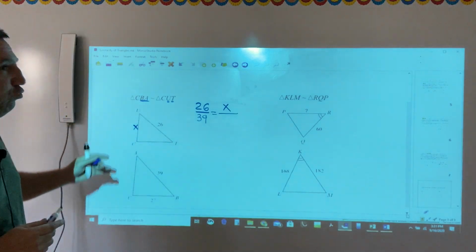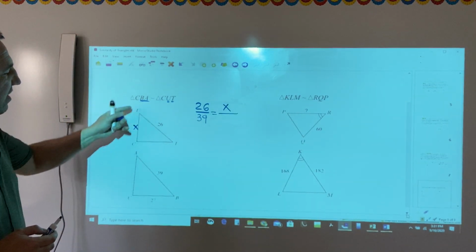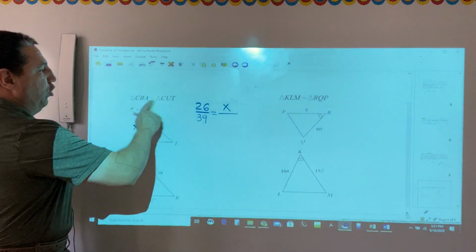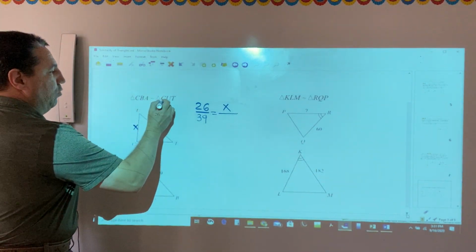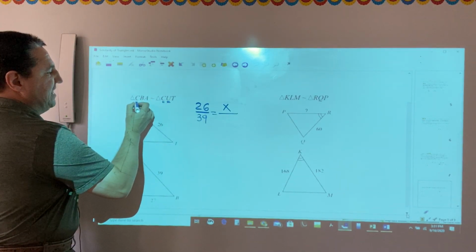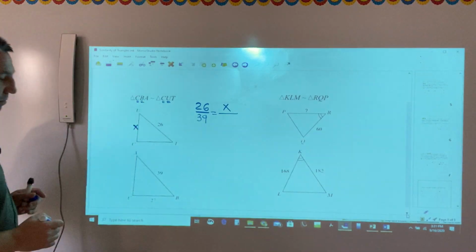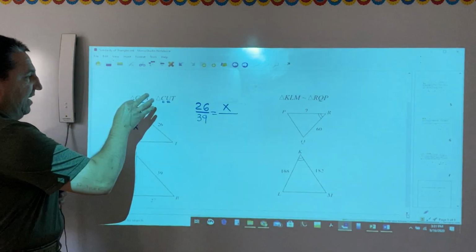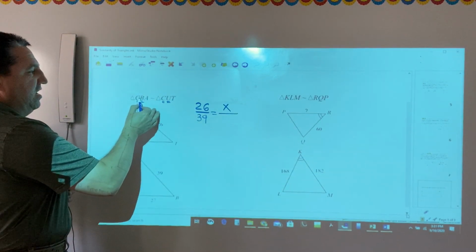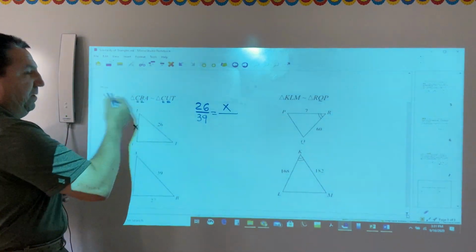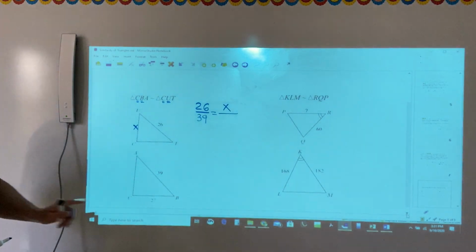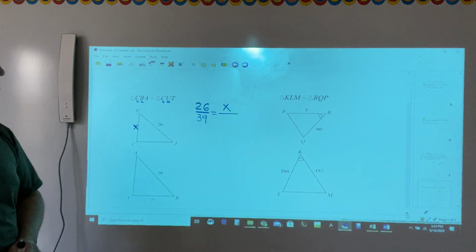Now we have to find the corresponding side for UC in the other triangle. Again, we look at the letters. So, CU is corresponding to CB. Why? Because C is in the same place, and the corresponding letter for U is B in the other triangle. So the corresponding side is CB. How long is CB? CB is 27.